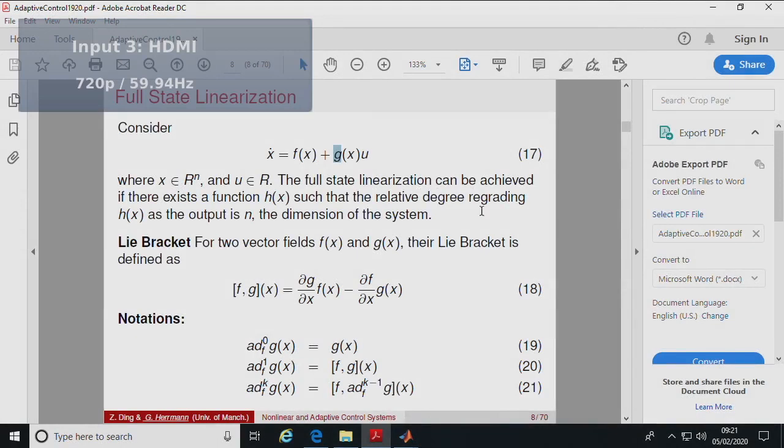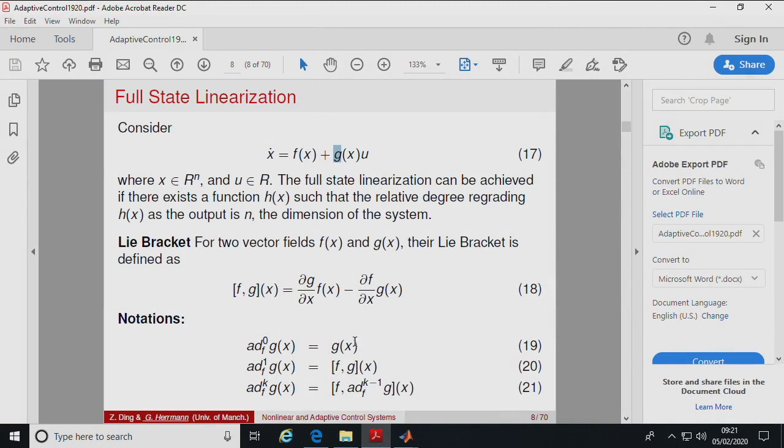This kind of analysis method allows us to verify for nonlinear systems two conditions. Two conditions which allow us to say the system we are investigating has an output, so that the whole system is feedback linearizable with a relative degree of n, the number of states in the system.